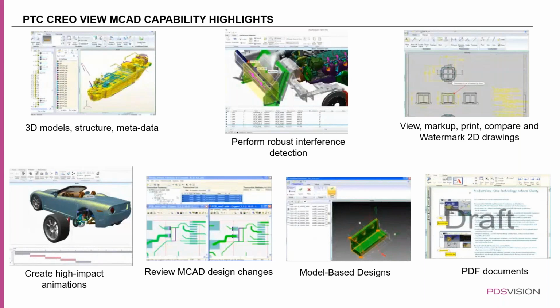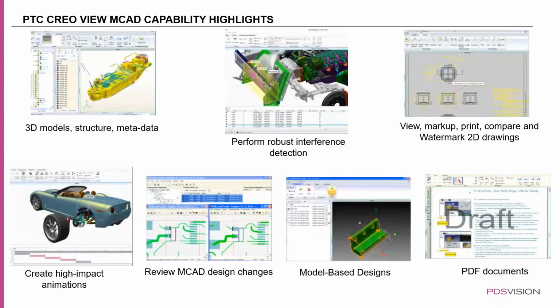So if there's a design change between the one version and the next, you can use Creo View MCAD to detect what those changes are. You can also view model-based design. So if your company is embarking on adding dimensions, tolerancing, any annotations to the 3D model, you are able to view all of that in Creo View. And lastly, you can also view PDF documents. You can also mark up PDF documents using Creo View.